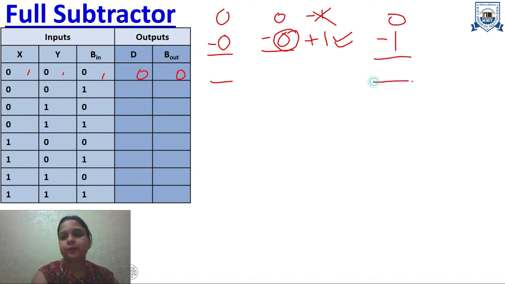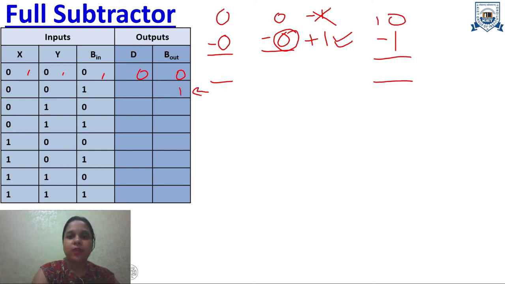Now for the second line we are doing this. For this equation we must have a borrow because 0 cannot subtract 1. So we'll be taking 1 borrow, and this number will be 1 0.